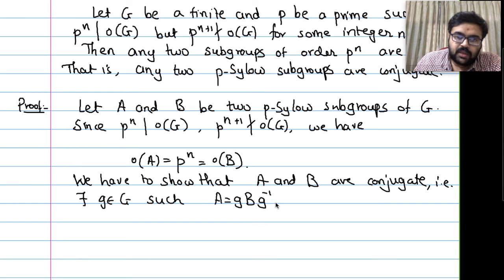These two subgroups are called conjugate if there exists such an element in G such that A equals gBg inverse. This is what we want to show.